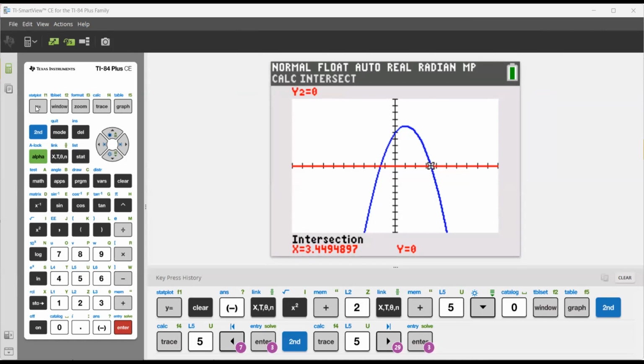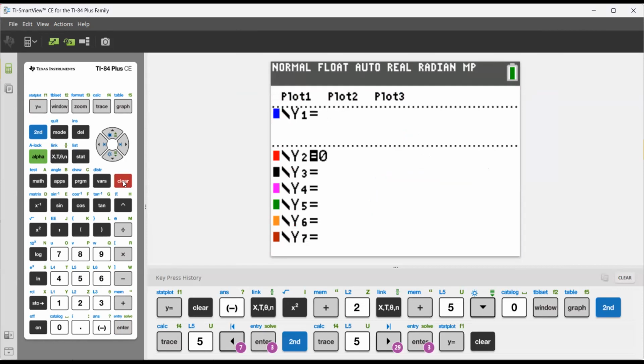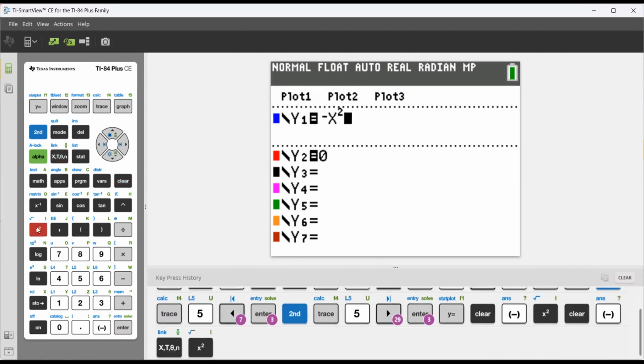So let's go to y equals. We have negative x squared minus 6x minus 9.